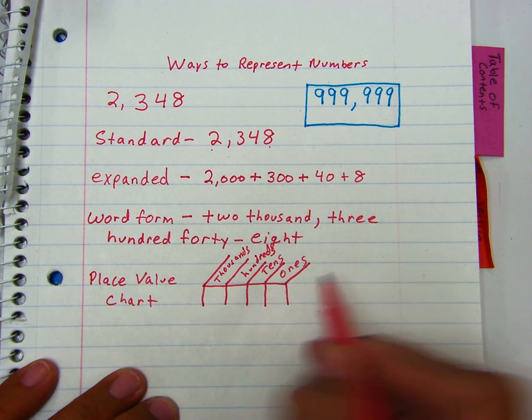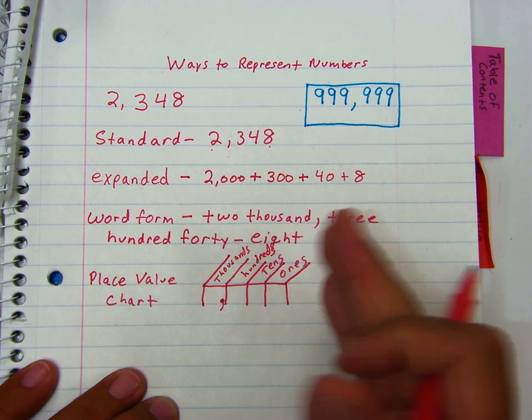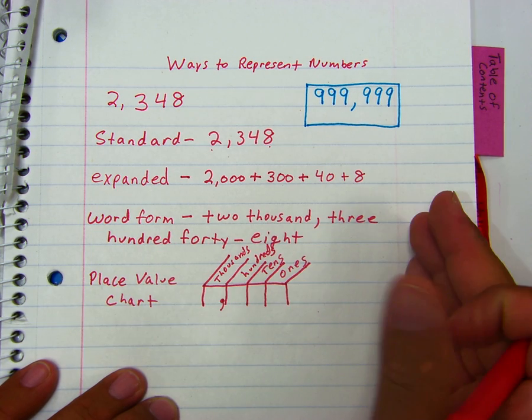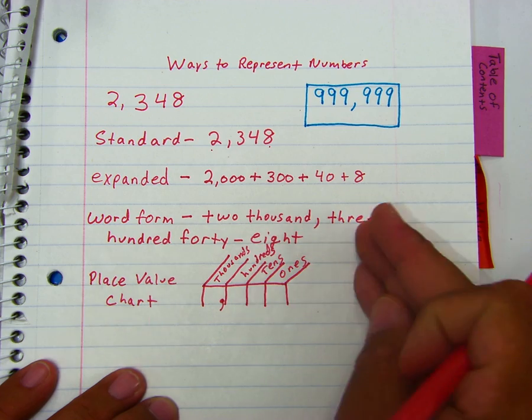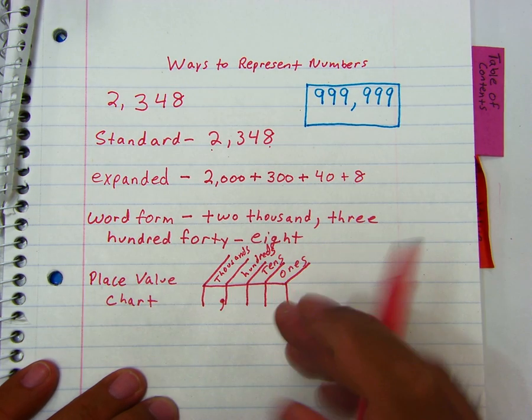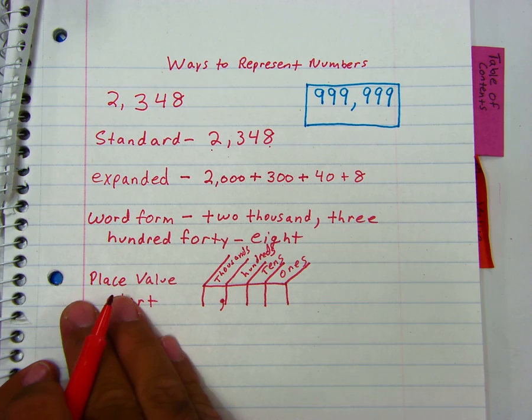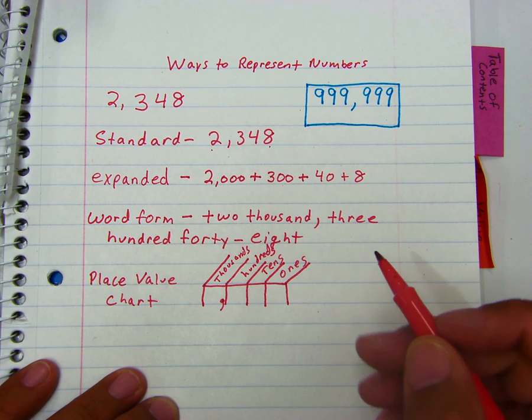Okay, now we always have to make sure that we have a comma separating our thousands place from the rest of our place value here. So this first place value group is known as our units. The second group of place value is going to be our thousands place, and we'll talk more about that later.